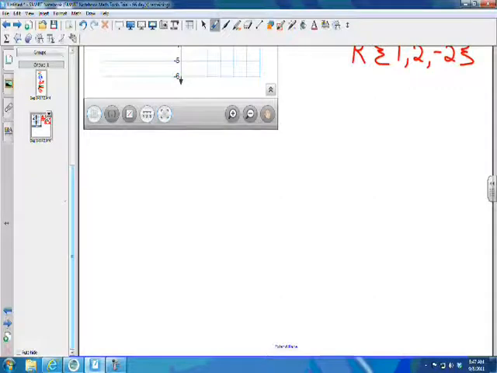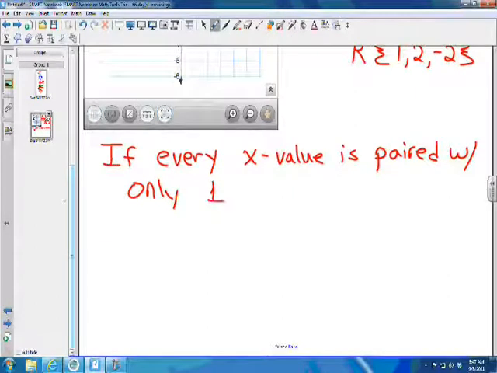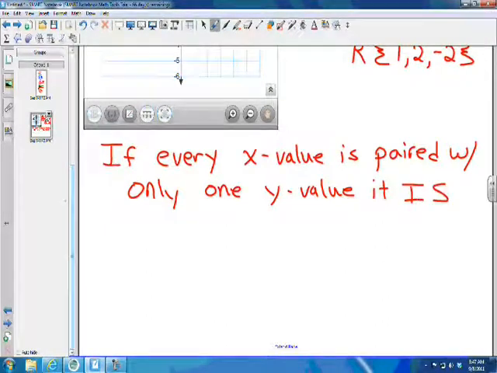The next thing they're going to ask you is whether it is a function or not. And here's how you tell. If every X value is paired with only one Y value, it is a function.